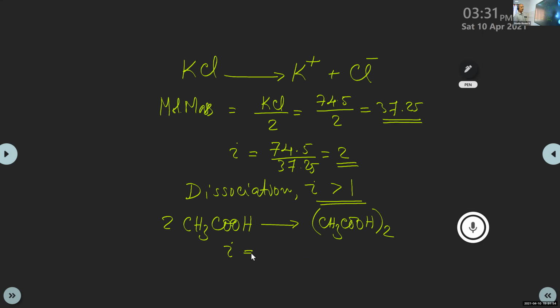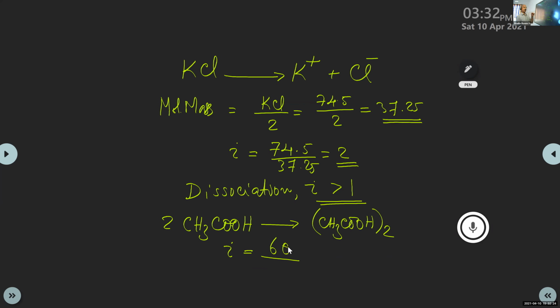You calculate the normal molecular mass of CH3COOH, you can see that is equal to 60. That is the molecular mass corresponding to the molecular formula CH3COOH.